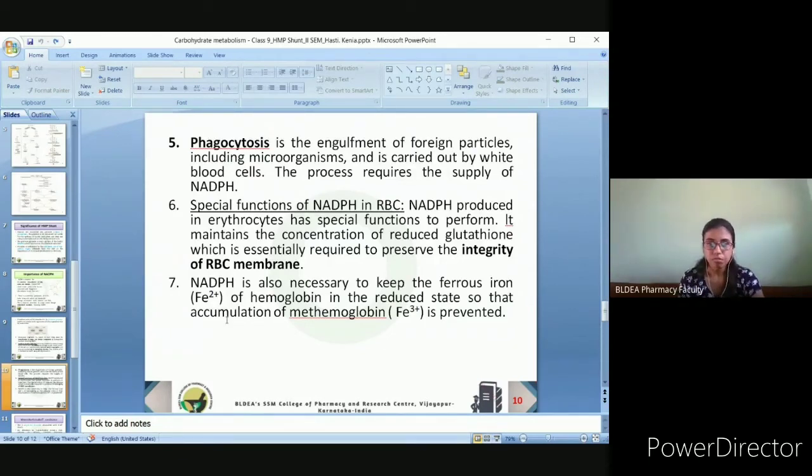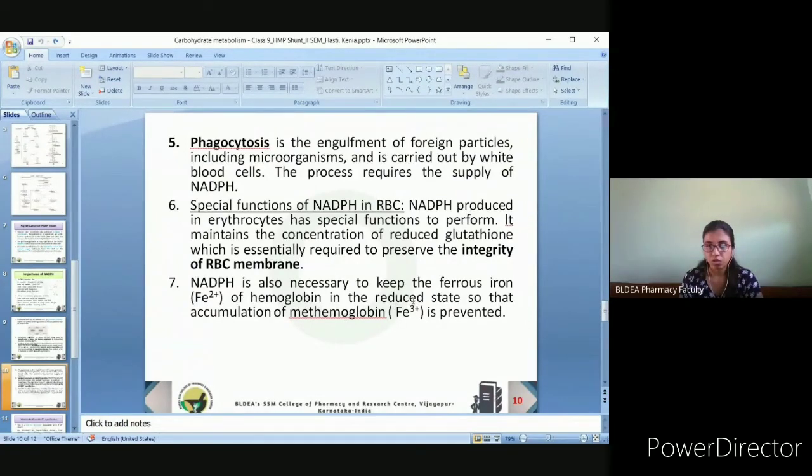Next, NADPH is also necessary in order to keep the ferrous ions, Fe+2, of the hemoglobin in the reduced state. It means that already they are present as Fe+3. Whenever these NADPH molecules come in contact with Fe+3, they will tend to reduce it and result in the synthesis of ferrous ions. Now these ferrous ions are important so that ferric ions should not be present.